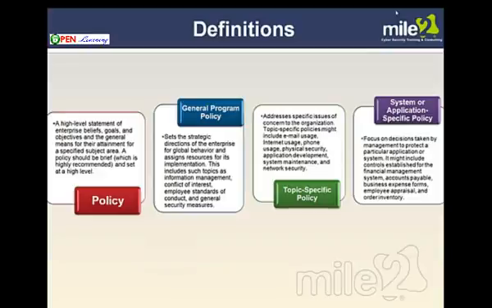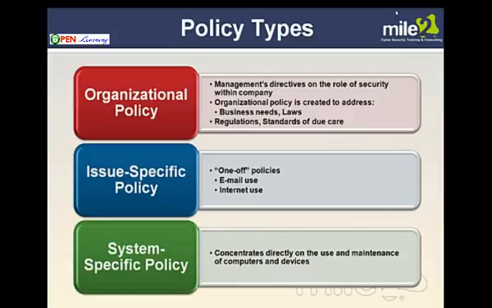Topic-specific policies address specific issues of concern to the organization. Could be email usage, internet usage, phone usage, physical security, and even system or application specific, protecting a particular application or system. Policy types, we could have policies, again, they're organizational. Business needs, laws, regulations, standards of due care.